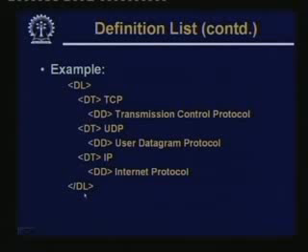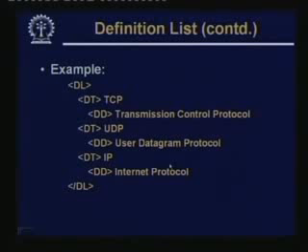This is just an example how this DT and DD can be used inside a DL. You see, you have a list, this is the beginning of DL, this is the ending of DL. In between there are three definition items. In each of these items there is a definition term, for example TCP, then the definition description, transmission control protocol, then again a DT UDP followed by the definition description, user datagram protocol, then again a term IP, then the description internet protocol.